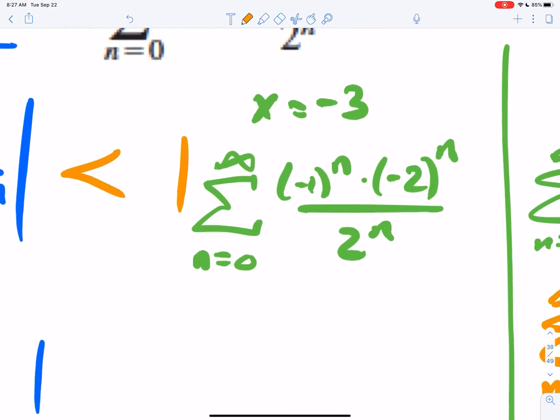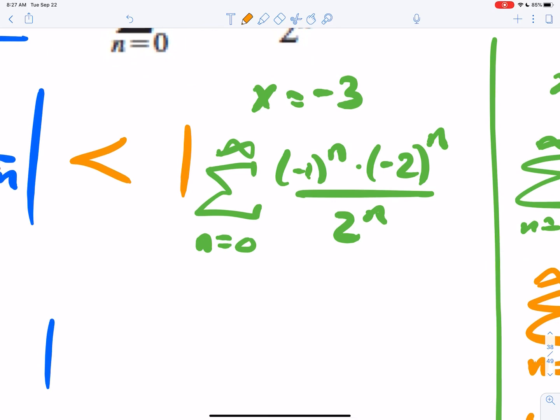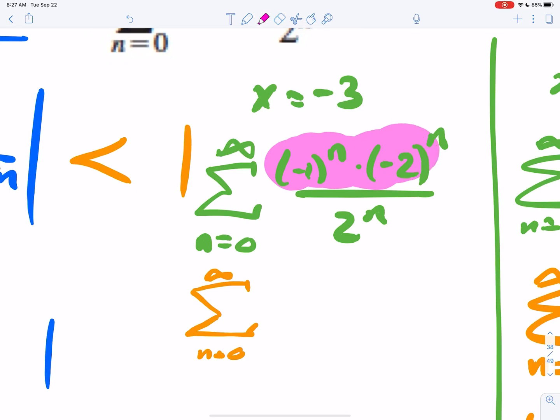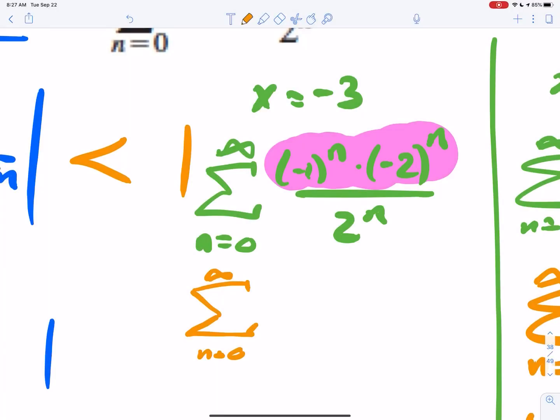Now over here, there's some algebra to it. I'll highlight it for you guys to see. They both share the same exponent to the power of n, so you could actually combine it as -1 times -2 all to the n power.